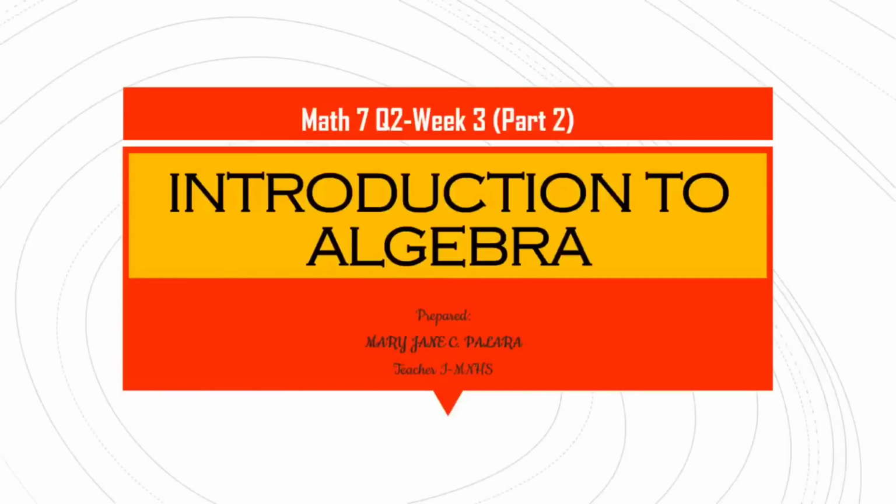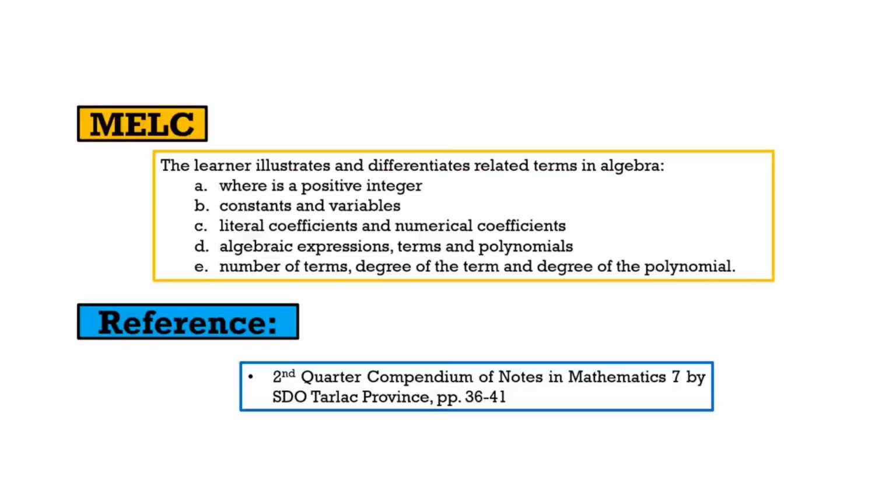Hello again, dear students. Today we move on to part 2 of our discussion for quarter 2, week 3 in Mathematics 7, which is the introduction to algebra. Here is our most essential learning competency, as well as our reference.